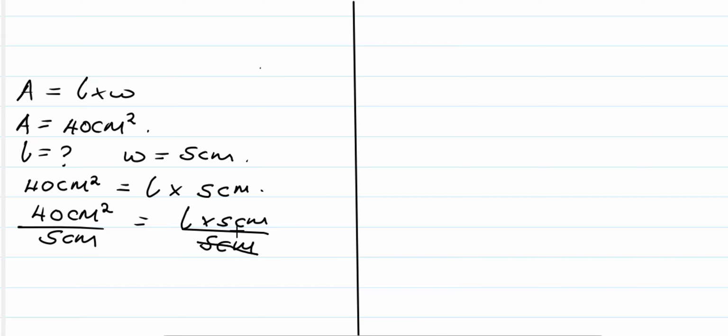So this 5 centimeters will go with this 5 centimeters, and on this side I remain with L alone. Then here I can divide 40 by 5, which is 8, because 5 multiplied by 8 is 40.